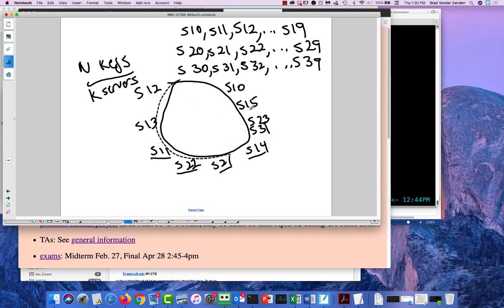It's just that all the replicas of S2 disappear from the ring and go to their nearest neighbor. So you only have to remap n divided by k keys, which are moved to the other servers.